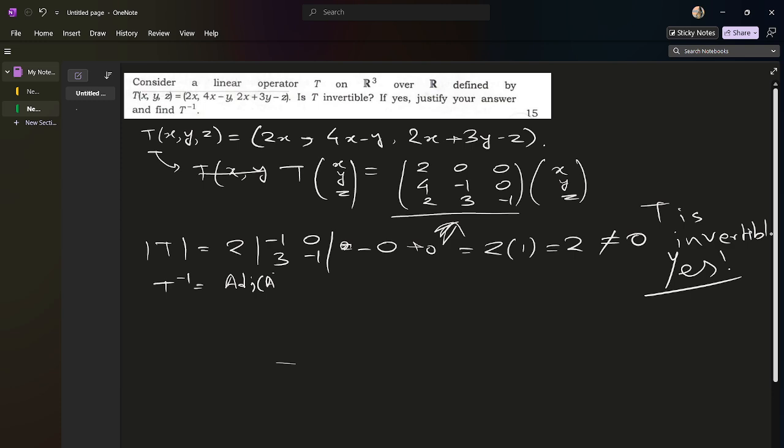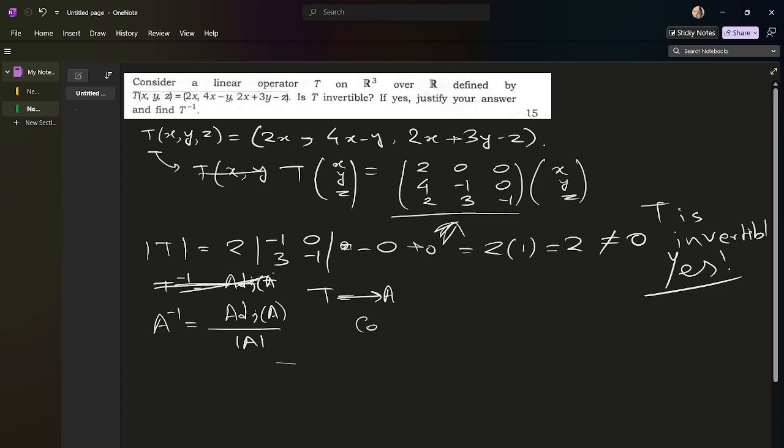Let us take the matrix representation of T as A. Now we know a fact that A inverse equals adjoint of A divided by determinant of A. We all know that, so now I am using it in our question. So we have to find the cofactors first, the cofactor matrix of A.